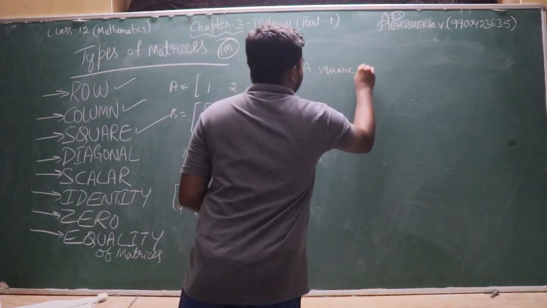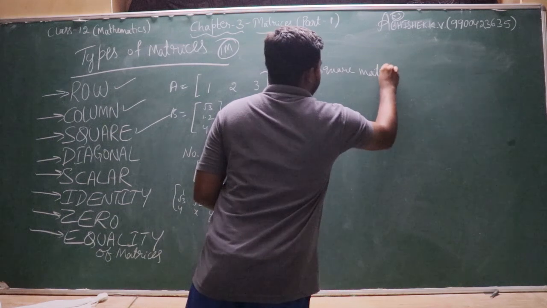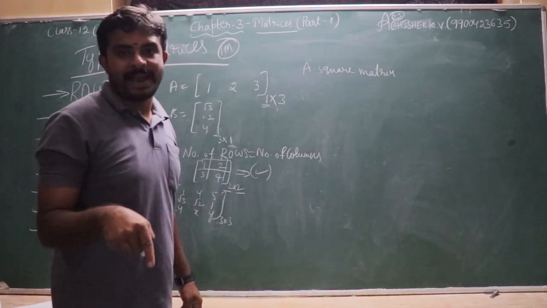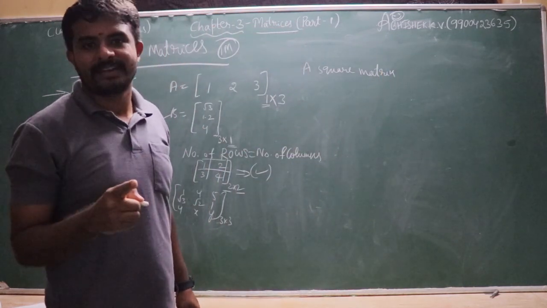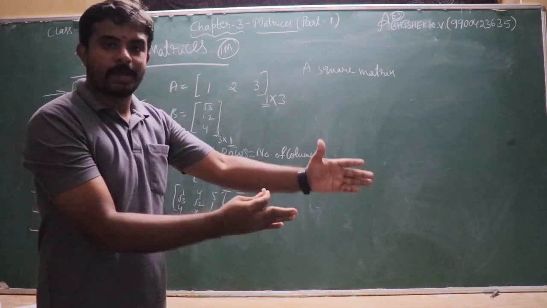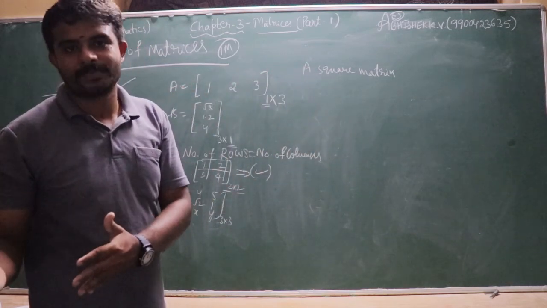You should start the definition like this. That is, to define a diagonal matrix, we need the square matrix, that is, the number of rows equal to the number of columns.